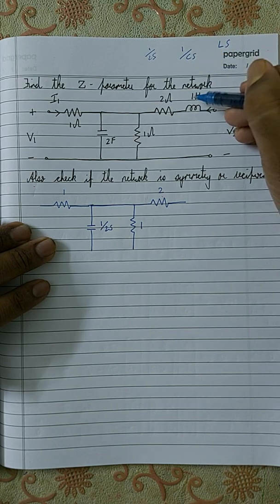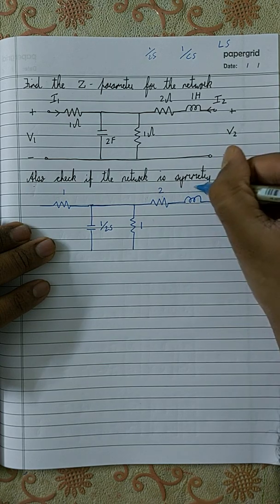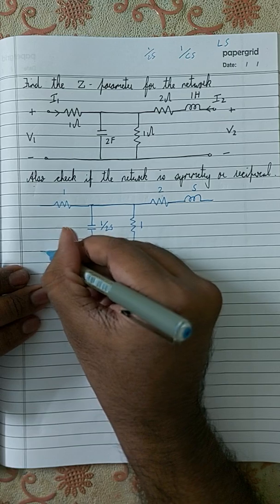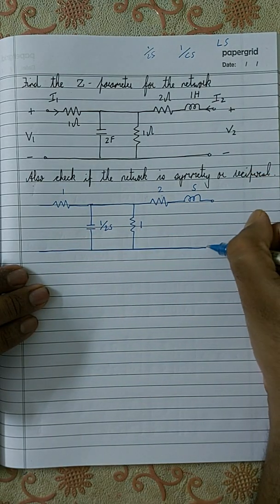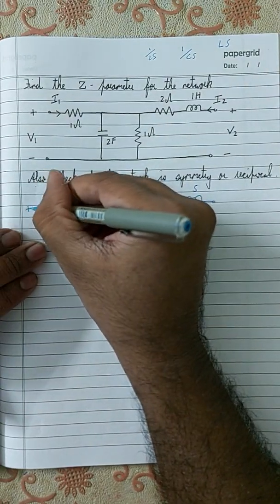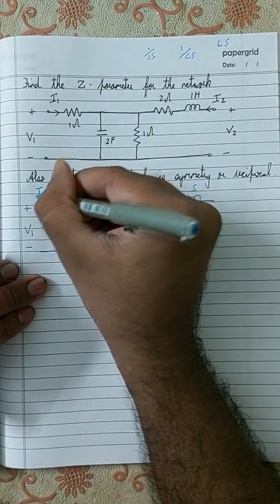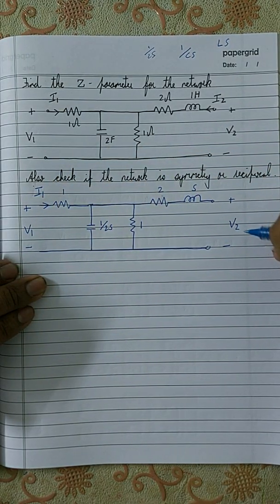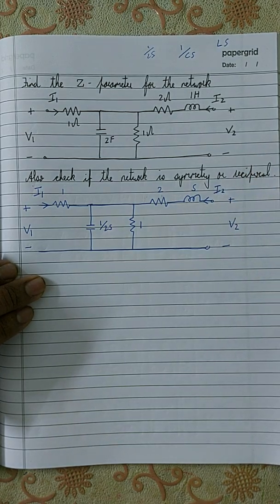So here the value of L is 1, so we have the inductor as 1S, or simply S. That's it. So this is your network, and don't forget this is V1 and this is I1, and this is V2 and this is I2. Don't forget that.